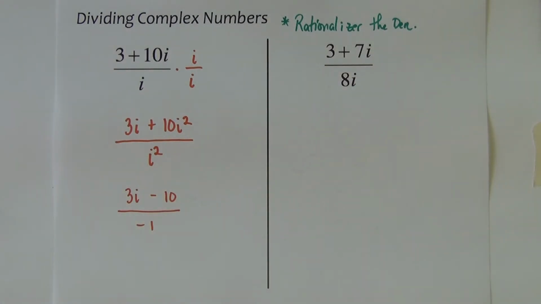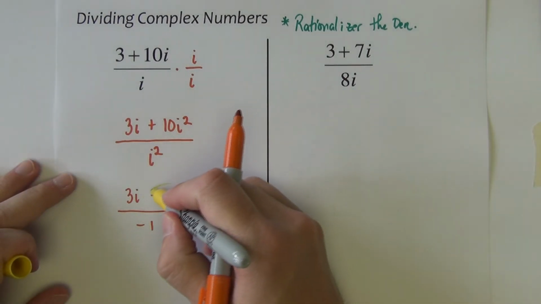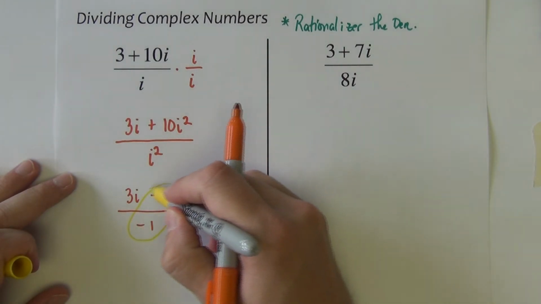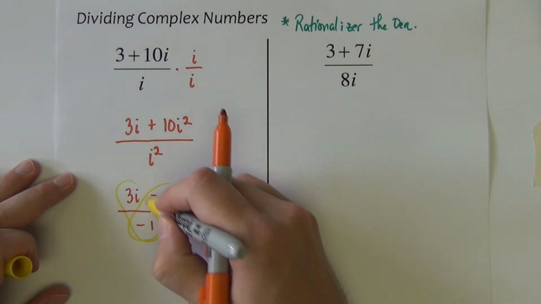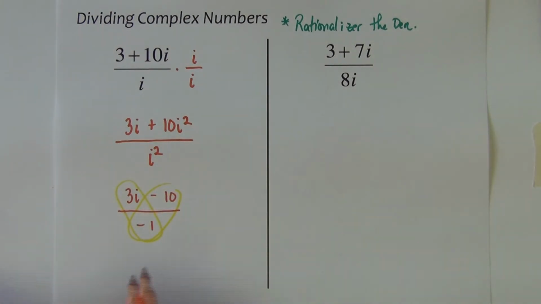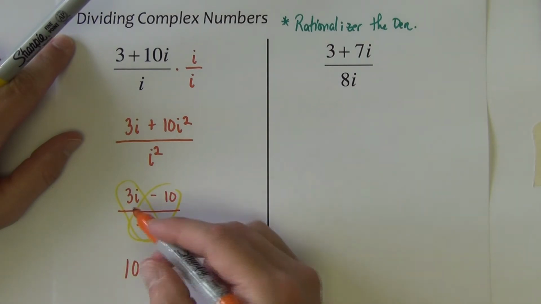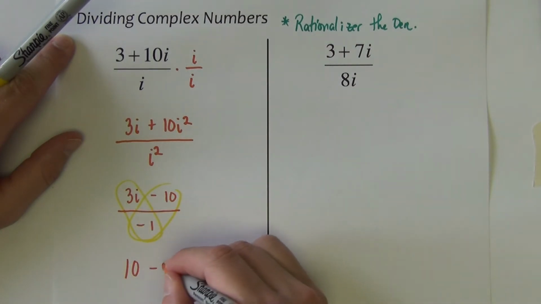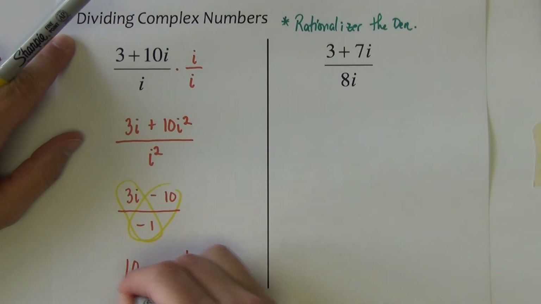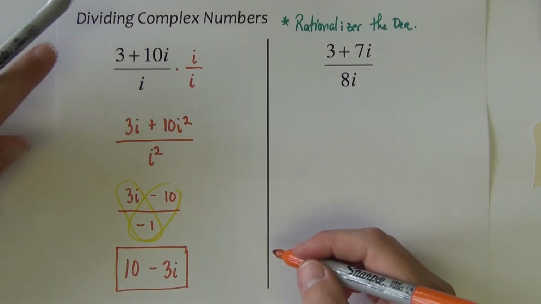And then I'm going to split this fraction up to simplify. Negative 10 divided by negative 1 is positive 10. 3i divided by negative 1 is negative 3i. There's our simplified answer.